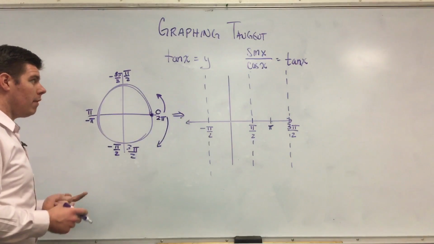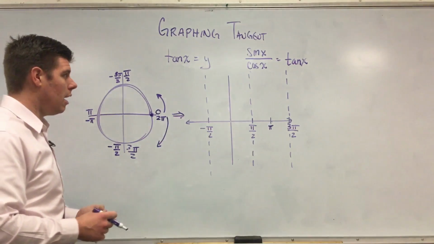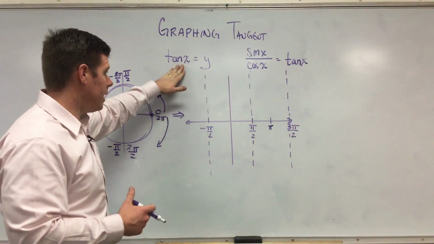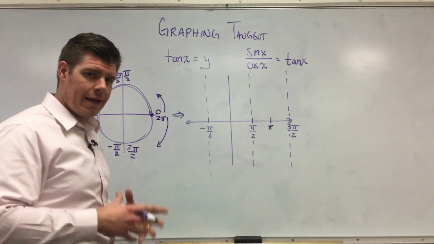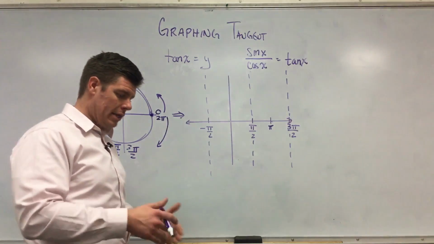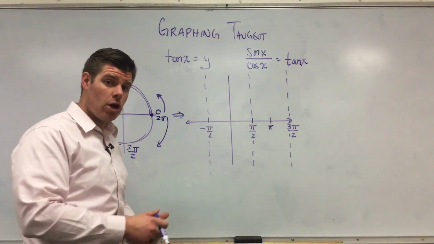A couple of other things we need to talk about with tangent. When we graph y equals tangent x, what we need to understand very quickly is that tangent is looking at the relationship of both sine and cosine.